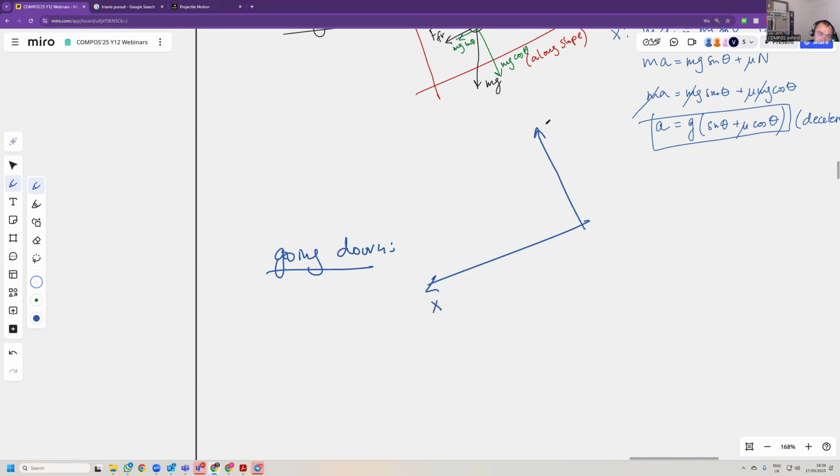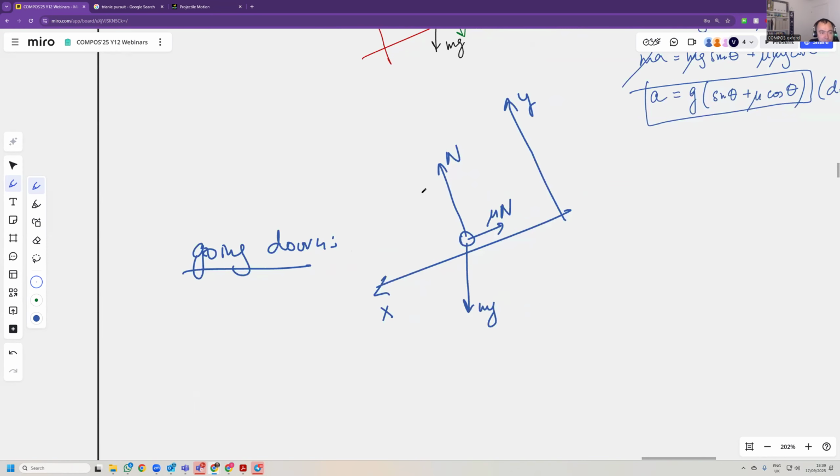This is the y-axis. You have mg. You have friction force, mu n, and the normal force is n. And you're accelerating downwards. You have to accelerate downwards because if you're not accelerating, you would just go to the top and stop.